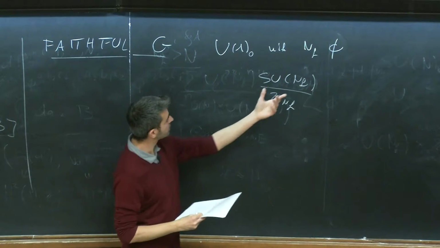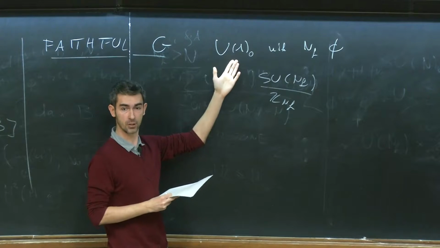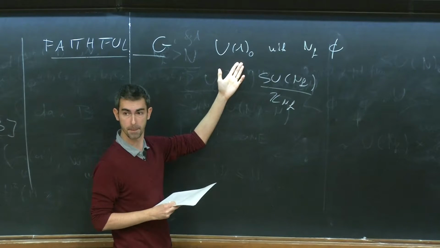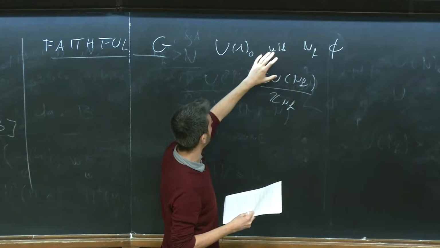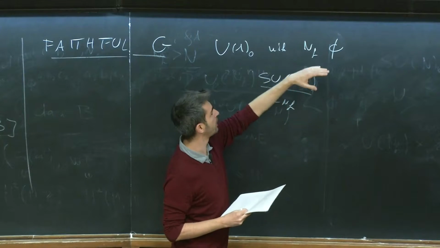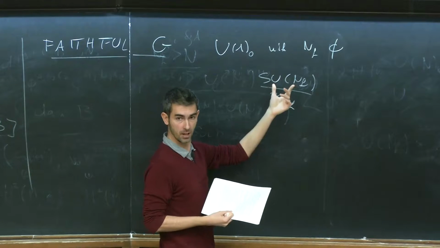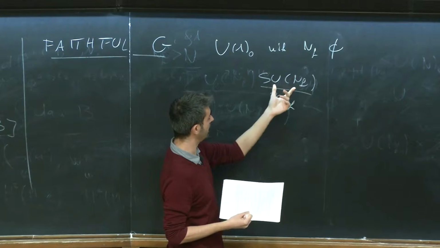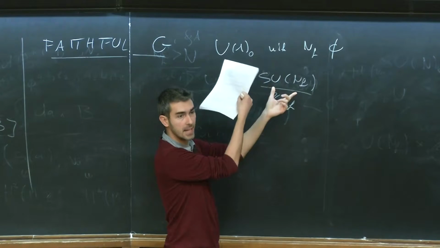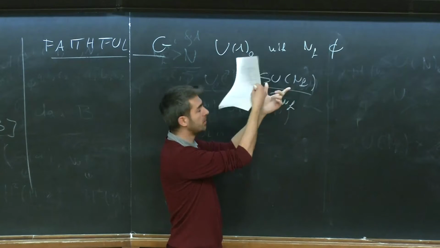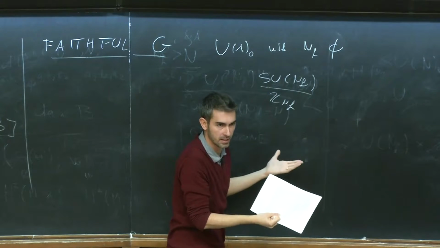Okay, why is that? Well, because the center of SU(N_F) is in fact already gauged inside this U(1). Or in other words, if you list the gauge invariant operators in this theory, you don't find the generic representations of SU(N_F). You only find representations that are invariant under the center. Once again, because the center really is gauged, and so if some operator was not invariant under the center, it would mean it is not gauge invariant, okay?